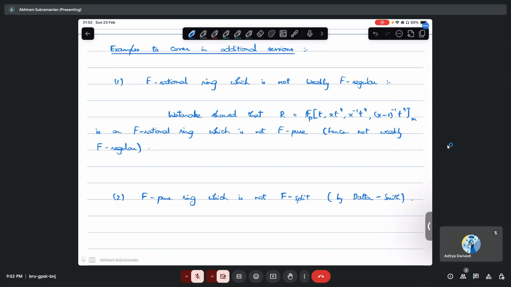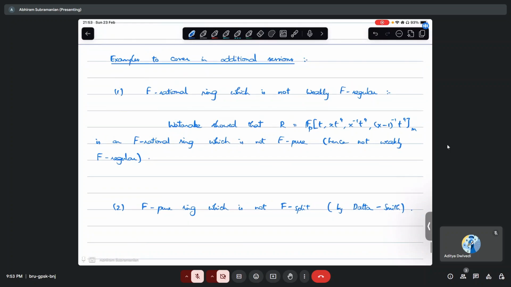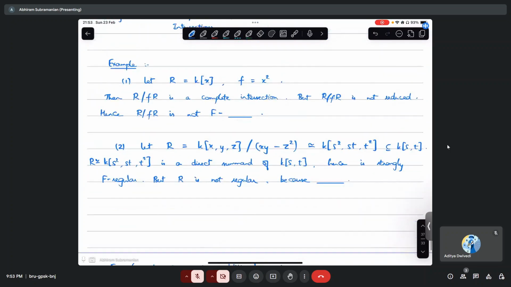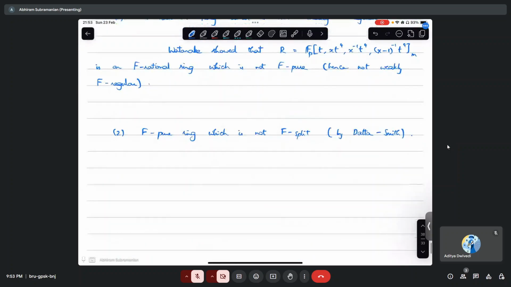And the third example is, which one? Okay, I'll fill this particular column later.